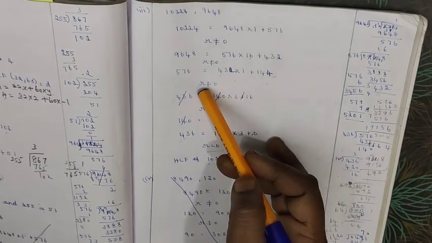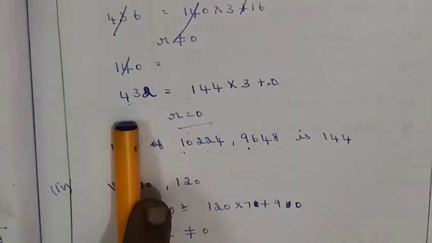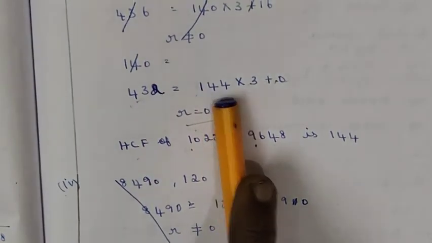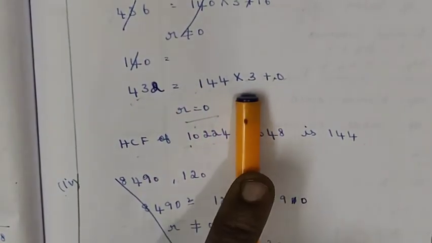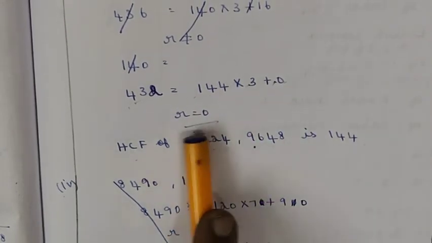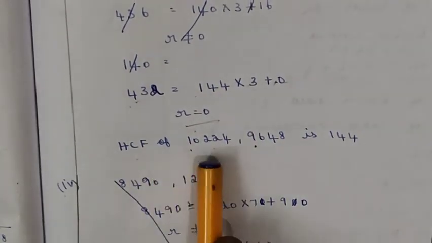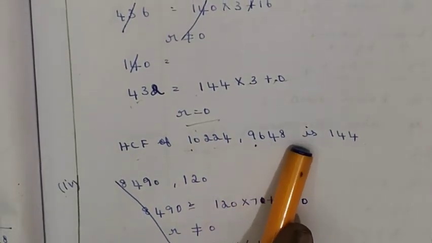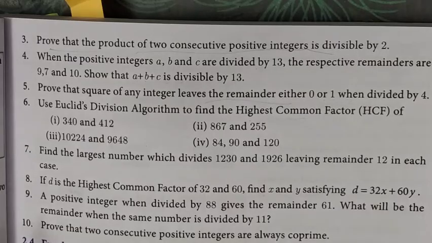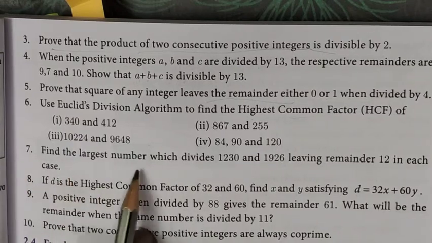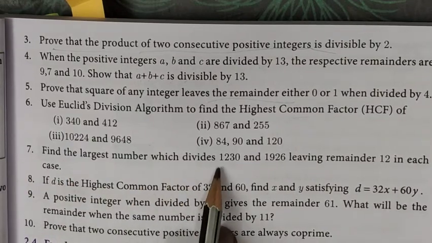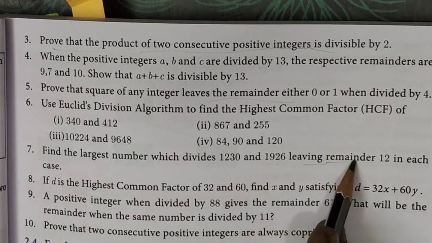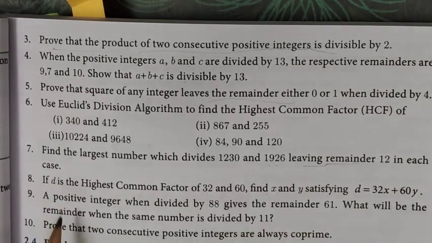Here also r not equal to 0. Now 432 divided by 144, you get quotient 3, remainder 0. Now r equals 0. So HCF of 10,224 and 9,648 is 144.